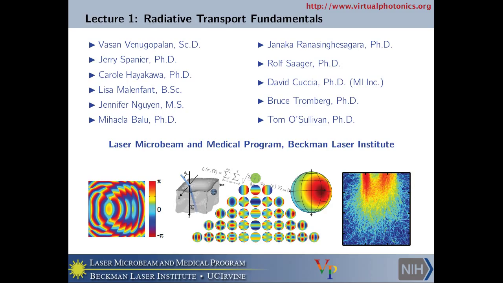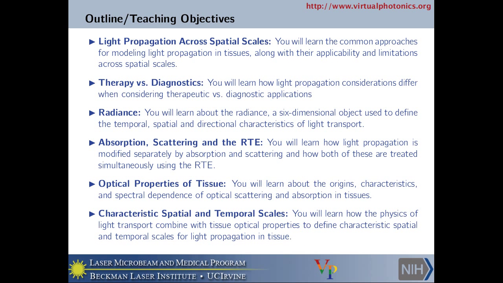Okay, so let's get started. I just want to start my talk with an outline of what I hope everyone will take away from this first lecture. First, I'm going to talk about light propagation across spatial scales.